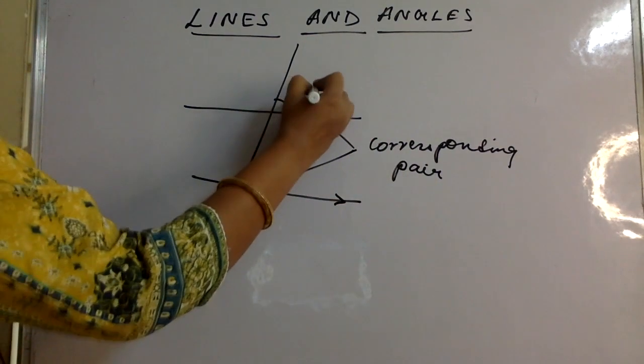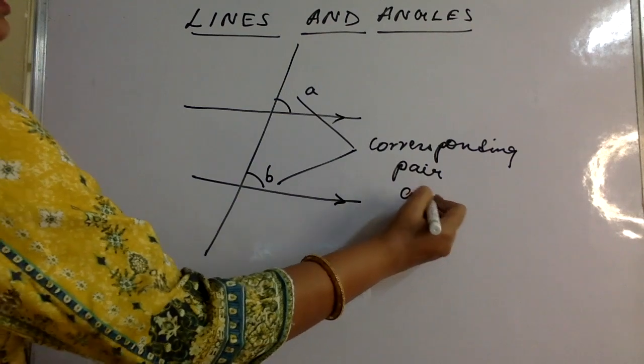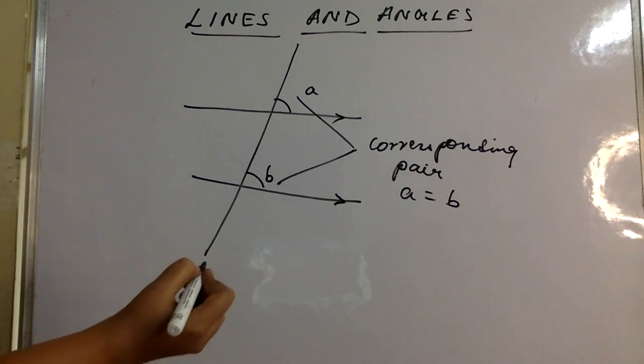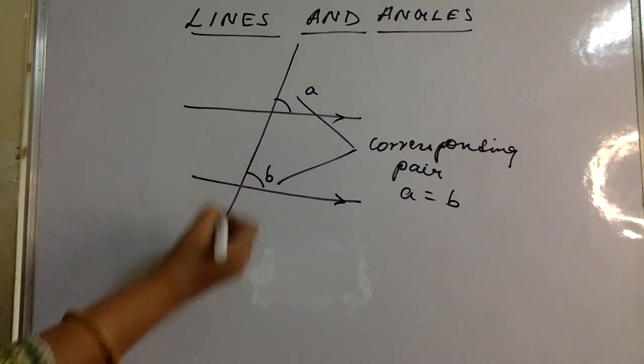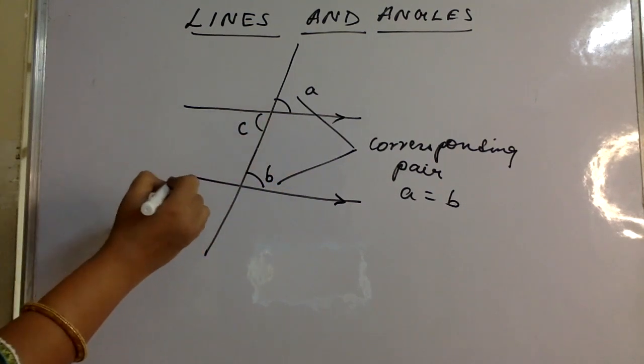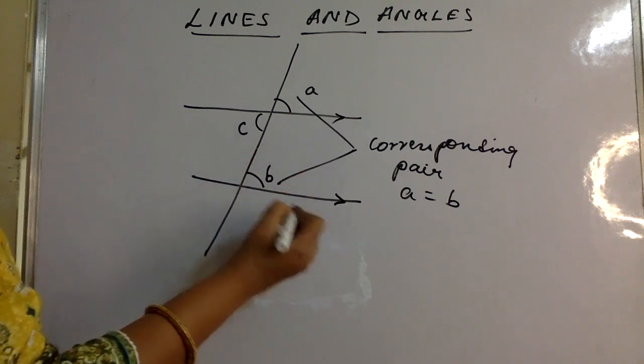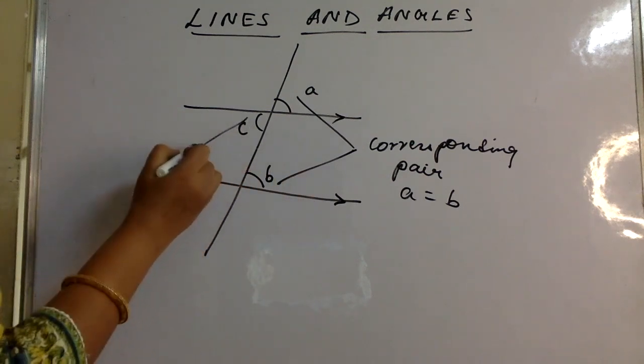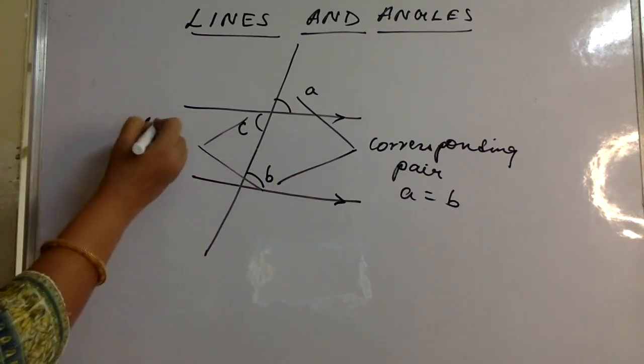That is, if I write angle A here and angle B here, angle A will be equal to angle B. Similarly, if I have angle B here and an angle C here, then B and C form an alternate pair.